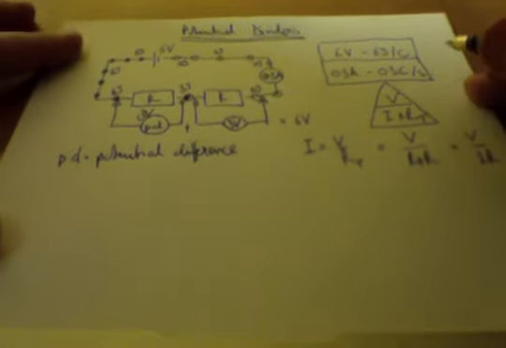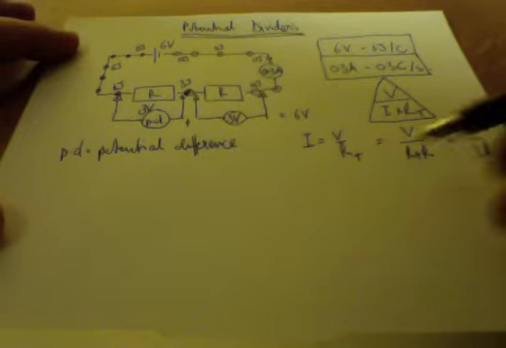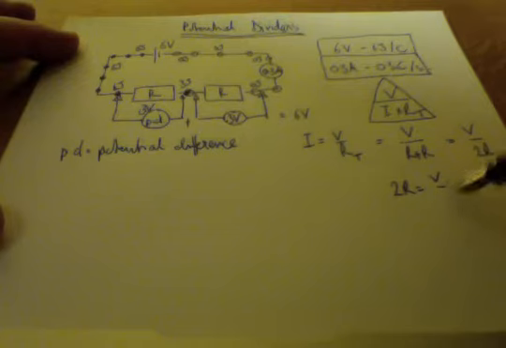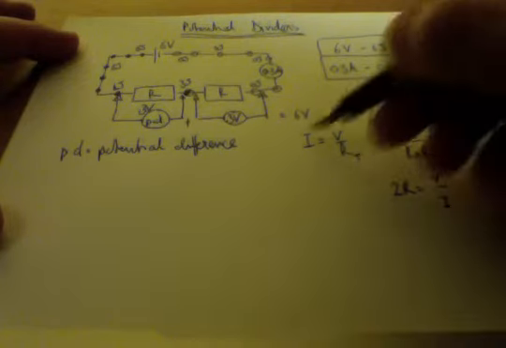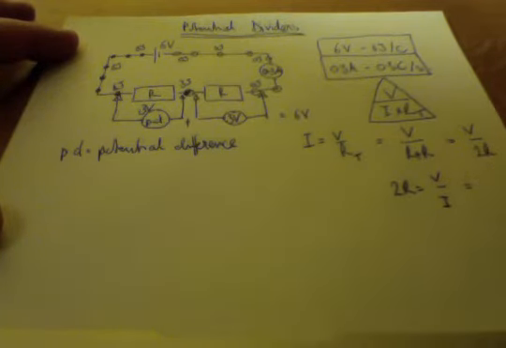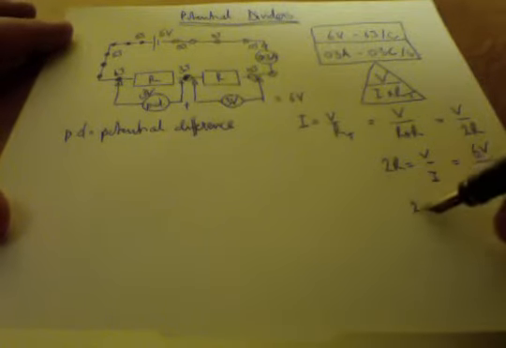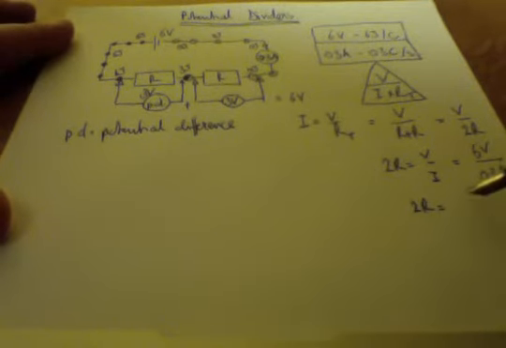So if I wanted to work out how much resistance was in each of these, I could rearrange that, and we have 6 volts divided by 0.3 amps, giving us 2R equals 20 ohms, or each of them 10 ohms.